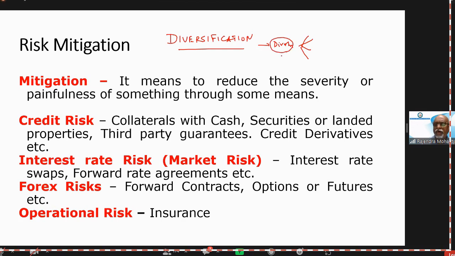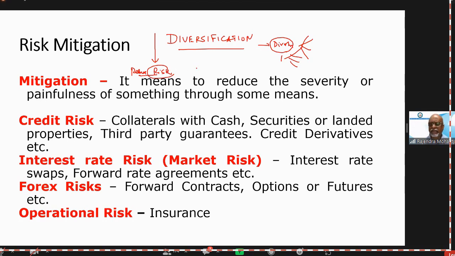You should not do one thing only. You can divert the business or your investment to more than one. So this process of diversification is done for what? Basically, it is done to reduce the risk. By the process of diversification, risk is considerably reduced.